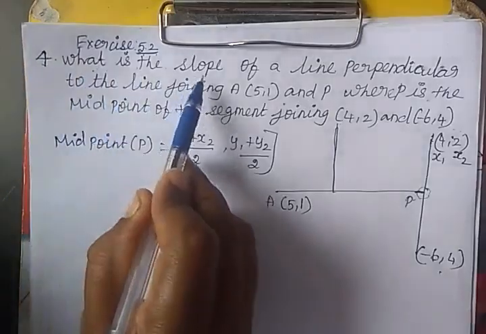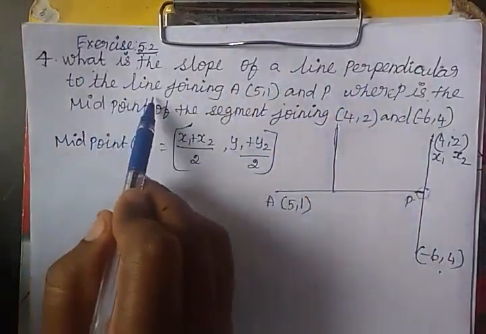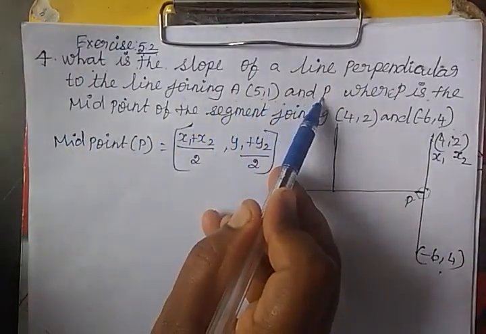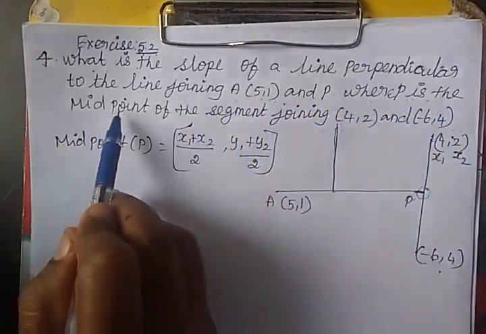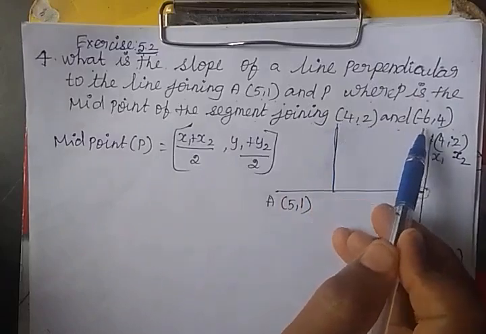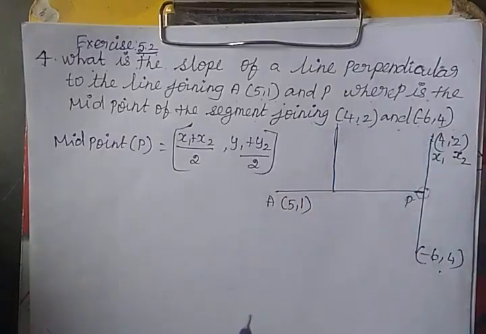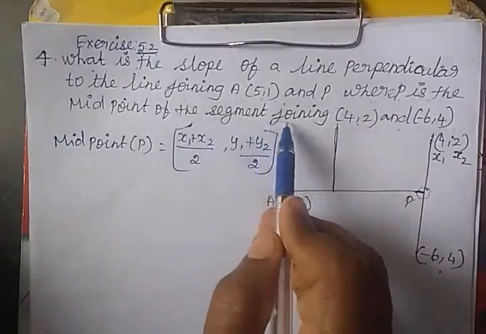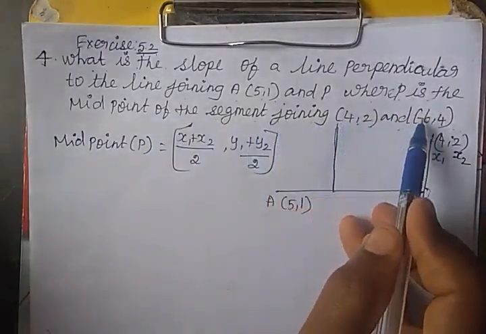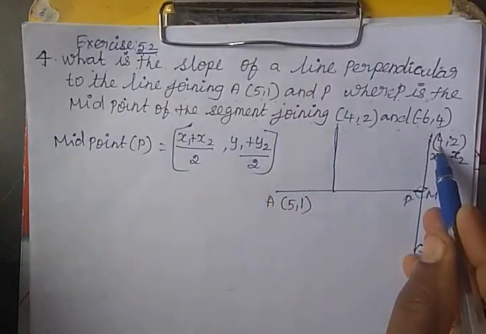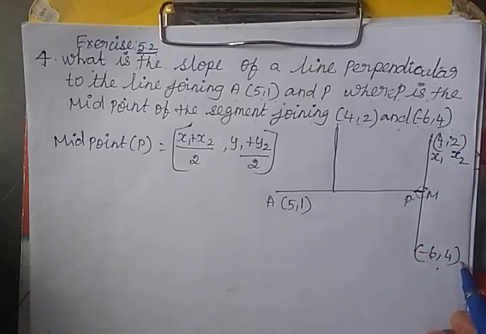What is the slope of a line perpendicular to the line joining A (5,1) and P, where P is the midpoint of the segment joining (4,2) and (-6,4)?